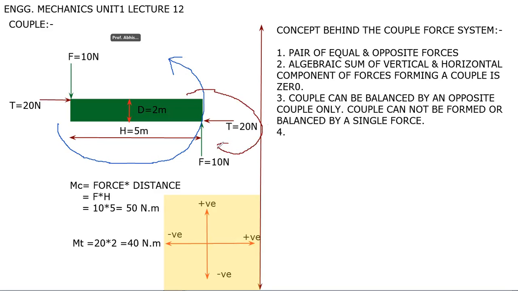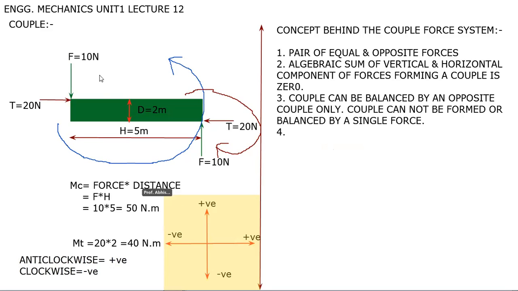Now, the couple sign convention you can assume as either anti-clockwise positive and clockwise negative. Anti-clockwise is equal to positive and clockwise is equal to negative.